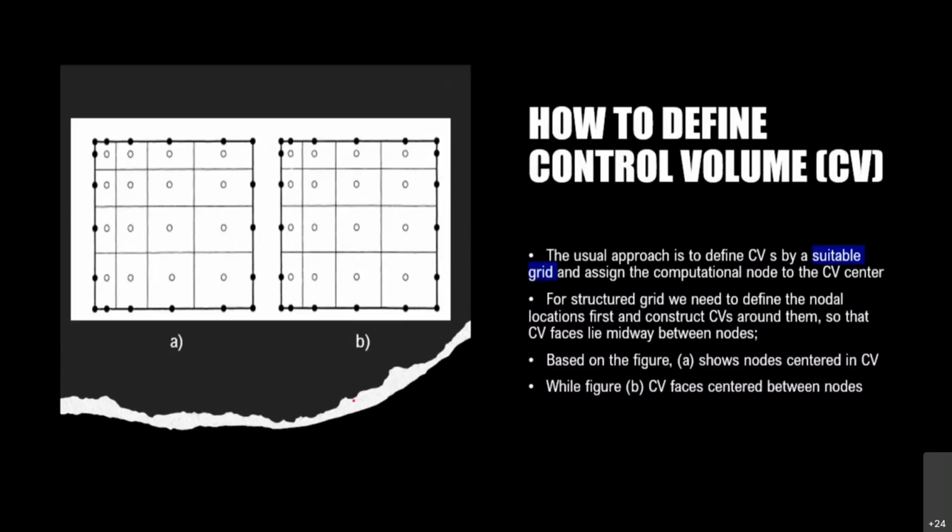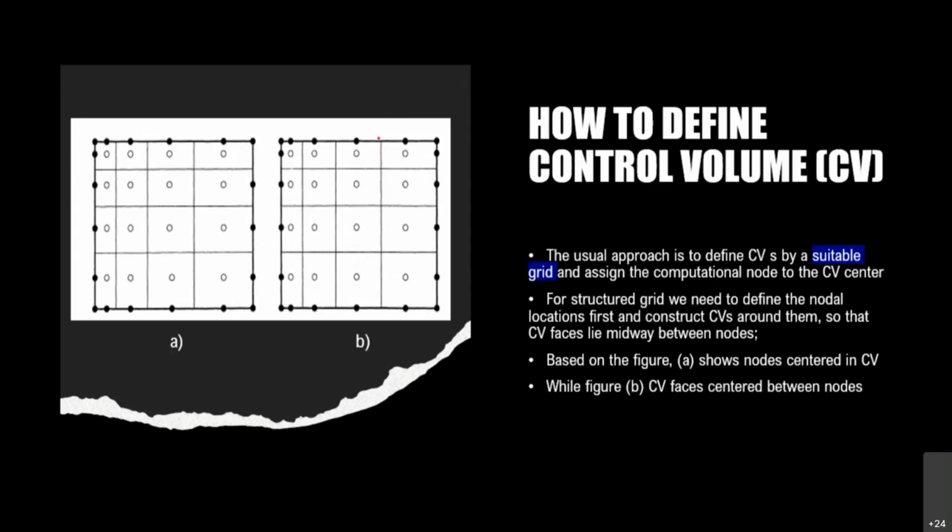Because as I said, it took me like 2 hours to realize and differentiate these things. Correct me if I'm wrong, but I can see that it has very small differences: the nodes on the left side are centered in the CV, while on the right side, the CV faces are centered between the nodes.